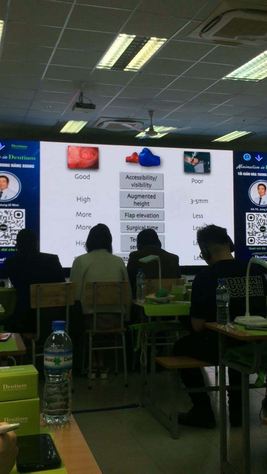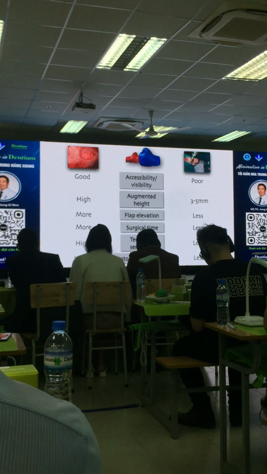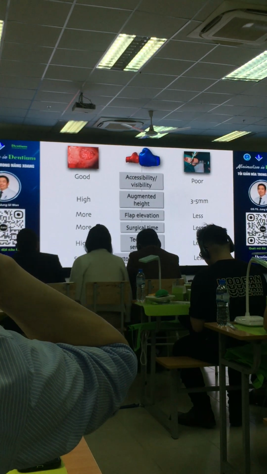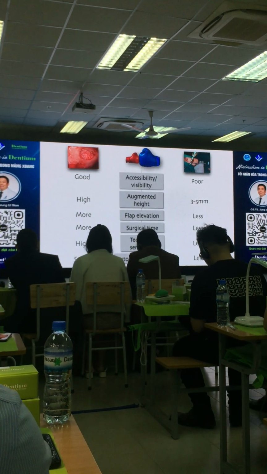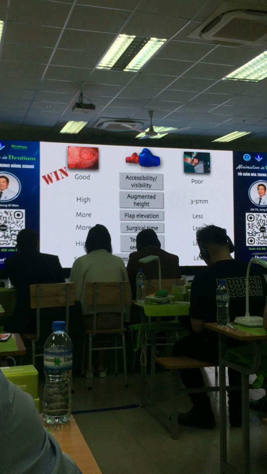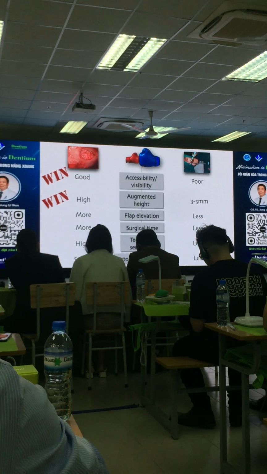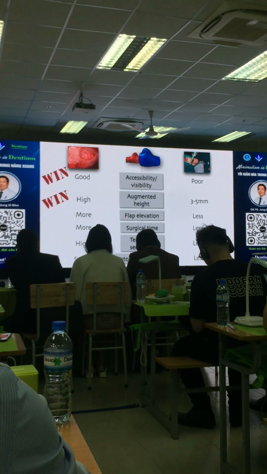To make a long story short, let me show you a table. The lateral approach displays the drawbacks in invasiveness and technique sensitivity, despite good visibility, accessibility, and good augmented height. In order to overcome these drawbacks, less invasive approaches have been developed and introduced.